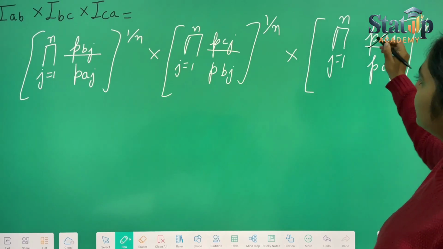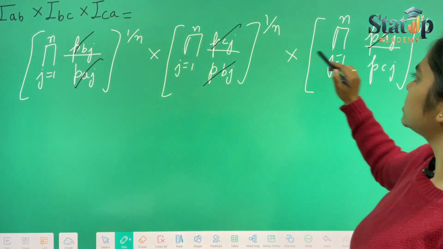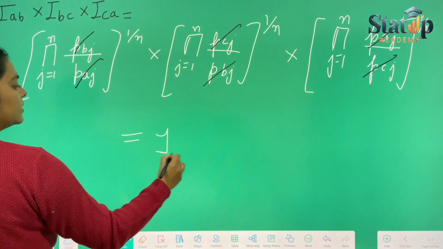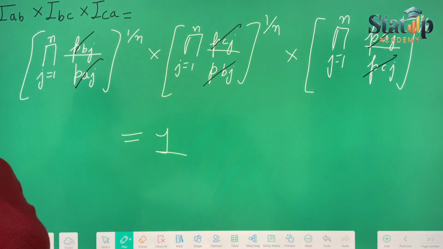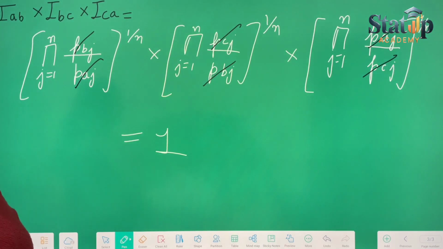Now this will get cancelled to this, and this will get cancelled to this, and we get the answer as 1. That is, it satisfies the circular test. Average geometric mean satisfies the circular test.